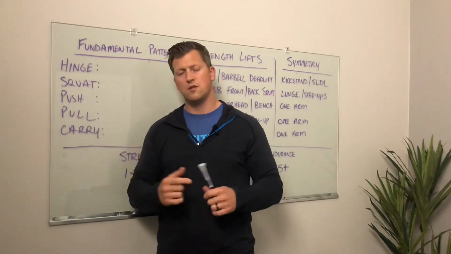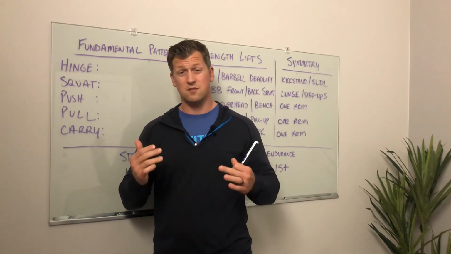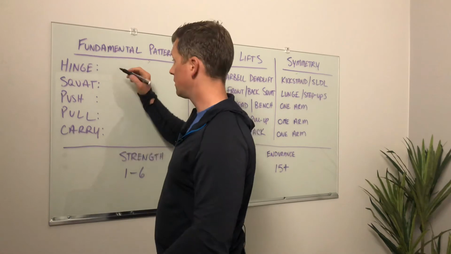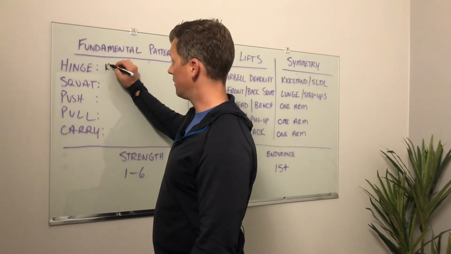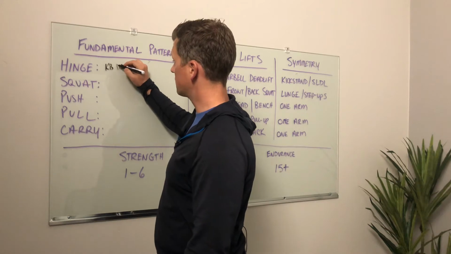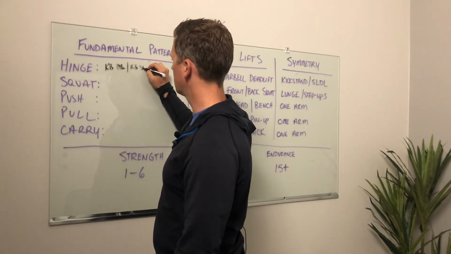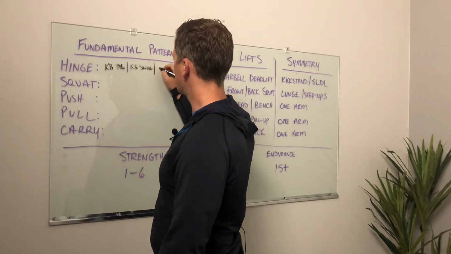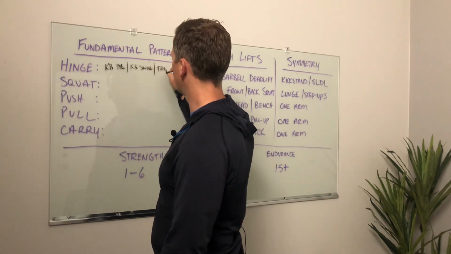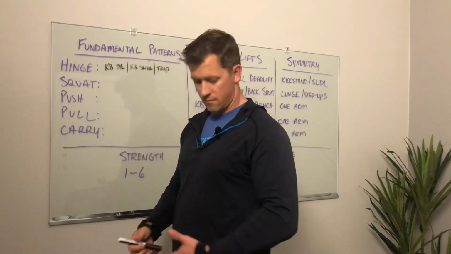So the hip hinge, some simple exercises that we train within class, exercise examples would be the kettlebell deadlift, kettlebell swing, trap bar deadlift, anything that's hinging at the hips.